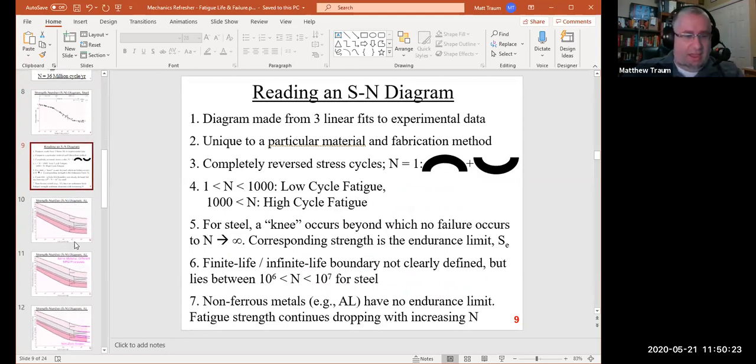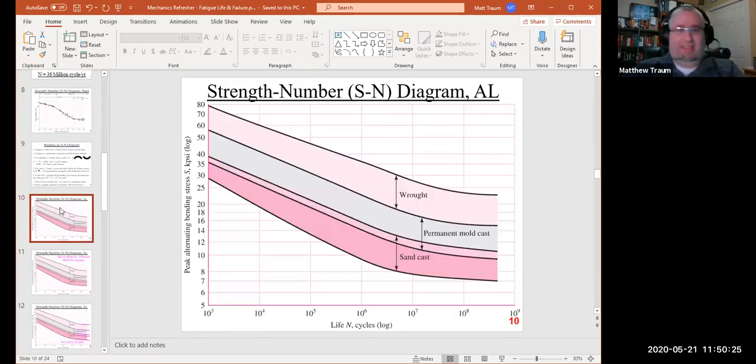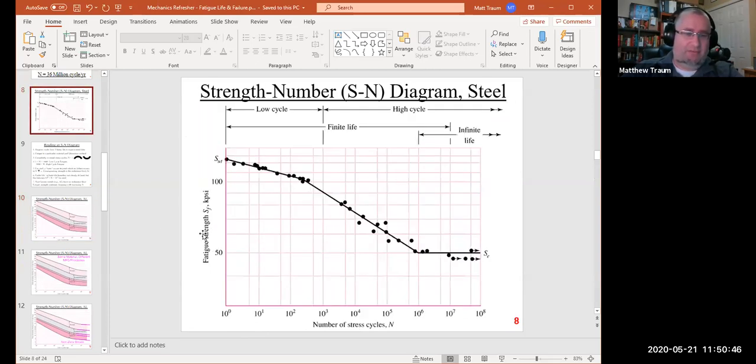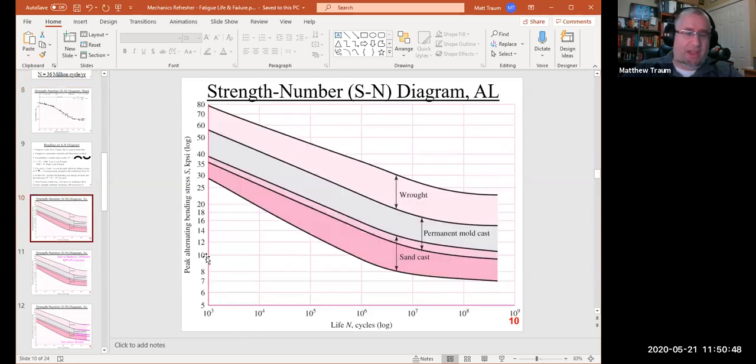All right. So let's move on to aluminum here for a second. This is a similar SN diagram. Again, I've got logarithmic cycles on the x-axis, and the peak alternating bending stress, basically the fatigue strength, on the y-axis.